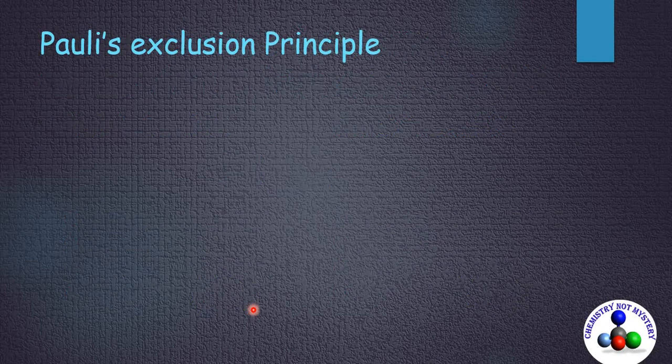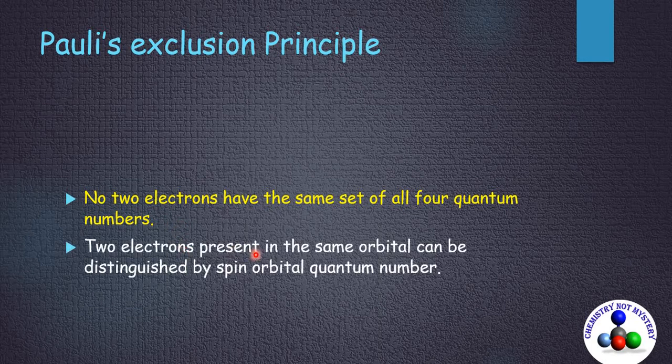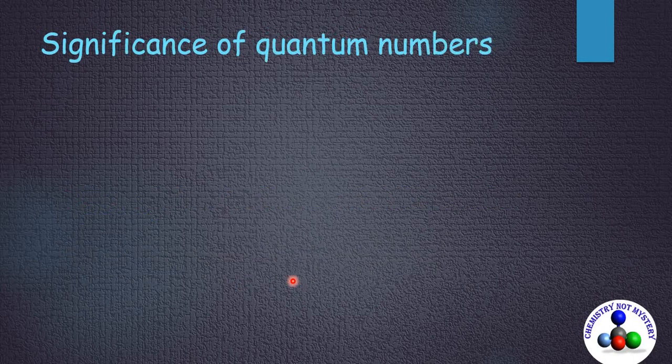It is the Pauli exclusion principle. According to it, no 2 electrons of the same atom can have the same set of all 4 quantum numbers. Or in other words, you can say 2 electrons present in the same orbital can be distinguished by spin quantum number.